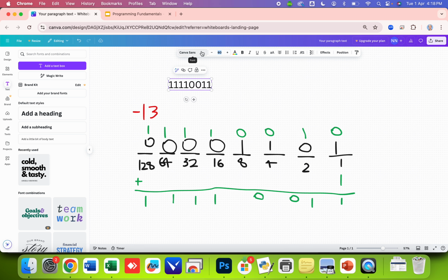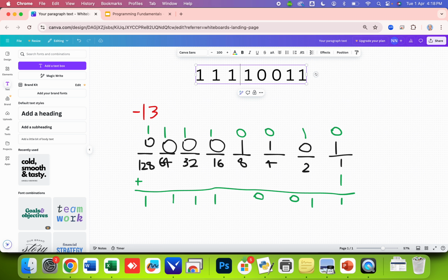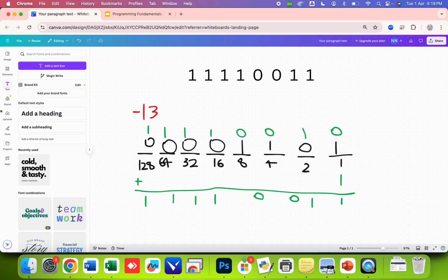I'm going to make my life easier by separating it out like this. I'm fairly confident this is my answer for negative 13. Well, how could I prove it? How could I make sure that I'm 100% confident with this being the answer? Well, let's see how we could reverse the process.